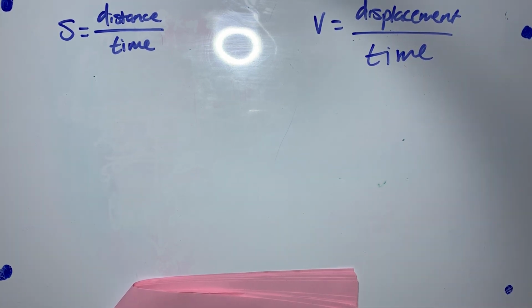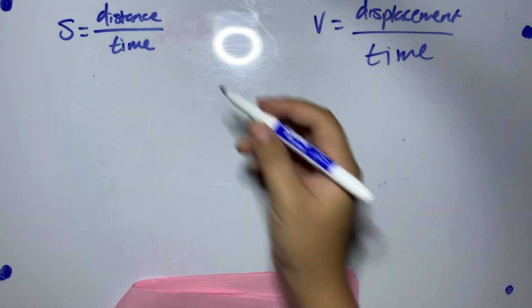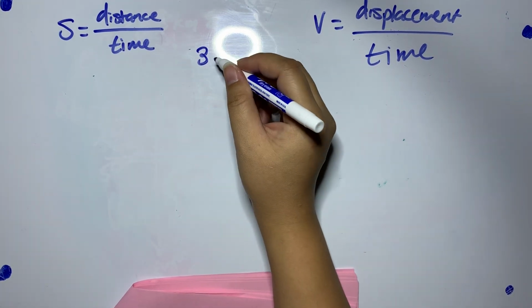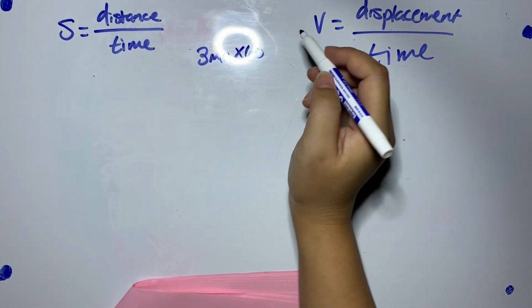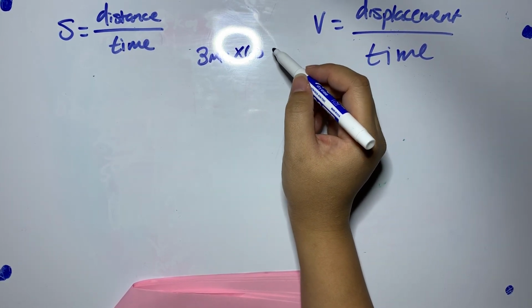Alright, first things first, we got to convert. Okay, so 3 minutes times 60 seconds, because in 1 minute there's 60 seconds.